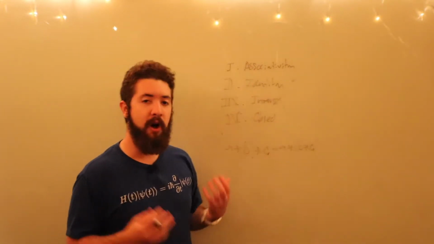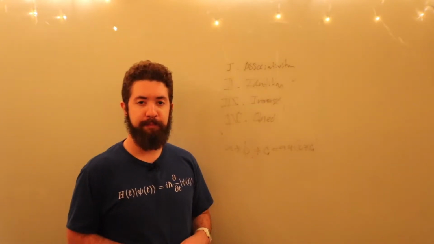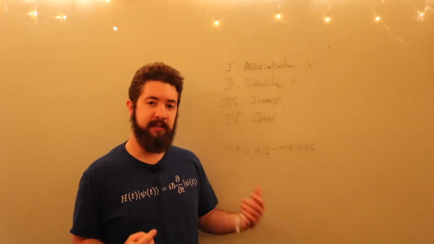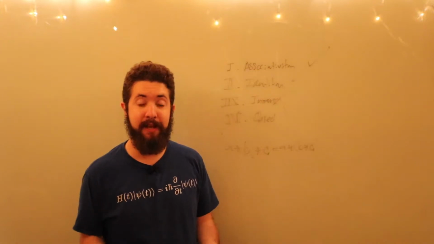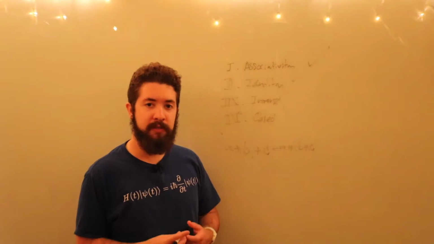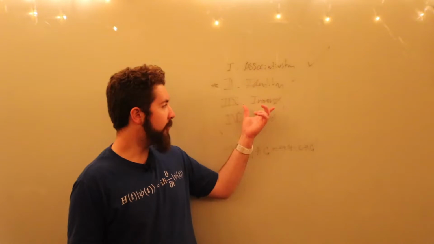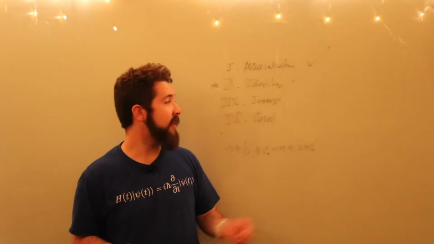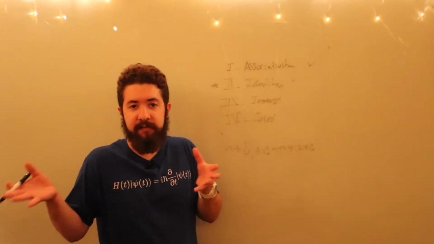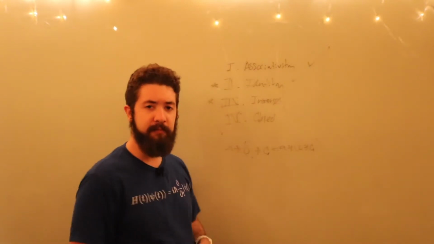So associativity automatically carries over from a group to any subset of that group. Alright, what about the identity? Well, it's not true that any subset of a group is going to contain the identity, right? I mean, it's one element. So we're definitely going to be looking for subsets which contain the identity. Now what about 3? Well, we can't just pick some random subset that also has the identity, because every element's inverse might not be in that subset. So we have to make sure that the inverses are in that subset.